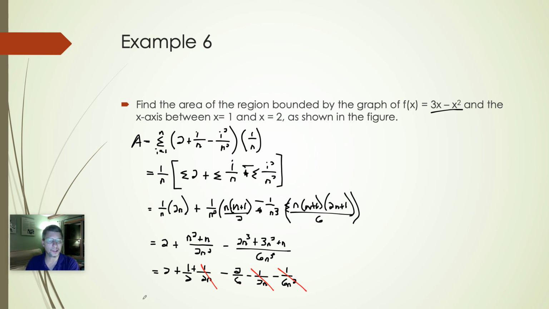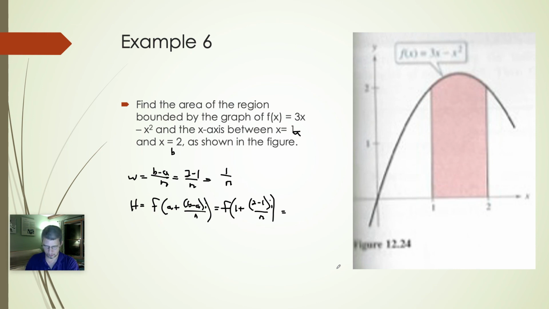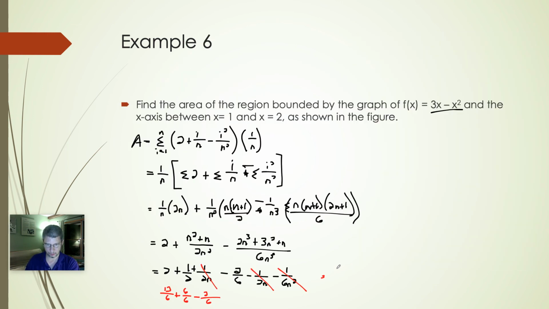If you convert everything to sixths, this is 12/6 plus 3/6 minus 2/6. 12 plus 3 is 15, minus 2 is 13.